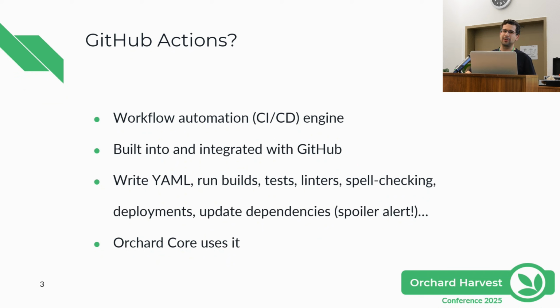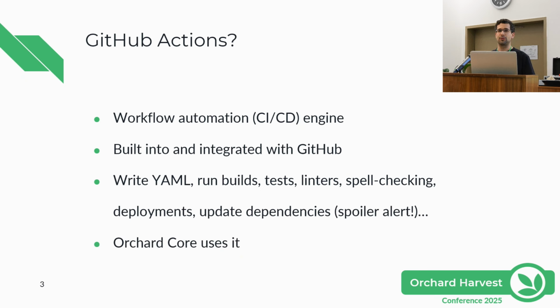It's built into GitHub, you can just use it there, and it's also integrated with GitHub, which is important because, for example, it has all the context of a pull request there. It's integrated with GitHub also with the events, which I will also touch on, like when you push something, open a pull request, add a comment. That's also something that GitHub Actions can integrate with.